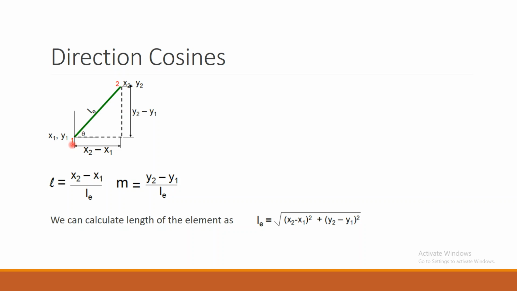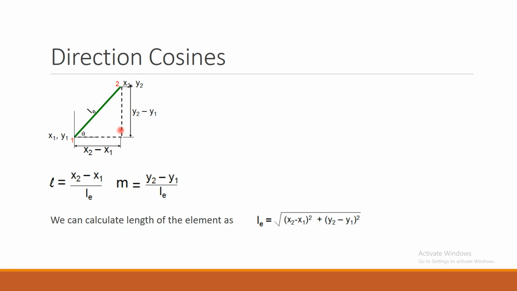A general truss element consists of two nodes 1 and 2, having the coordinates x1, y1 and x2, y2. Later on, if I want to develop the equation of the L value, it is nothing but x2 minus x1 divided by the length of the element, and for M it is y2 minus y1 divided by the length of the element.